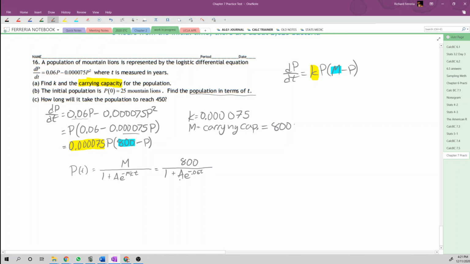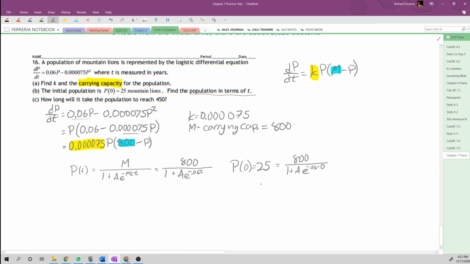What I'm missing is a value of A. Luckily, they give me the population at time equals 0, so that gives me an equation where I can solve for A. P0 is equal to 25 mountain lions, and that's going to be equal to 800 over 1 plus A e to the negative 0.06 times 0.